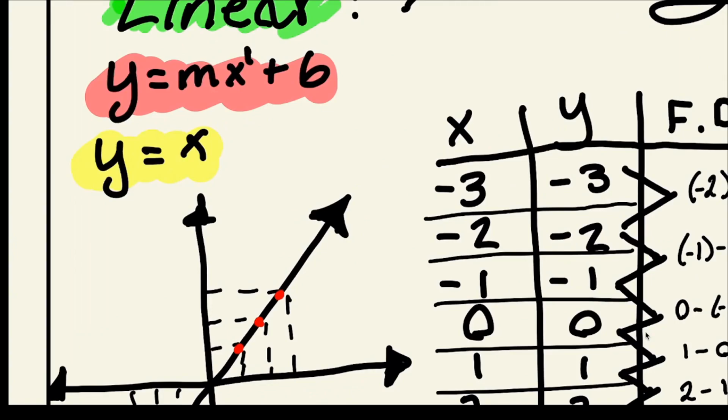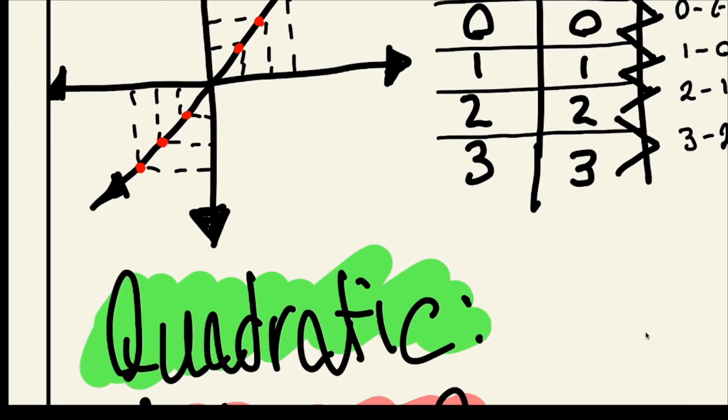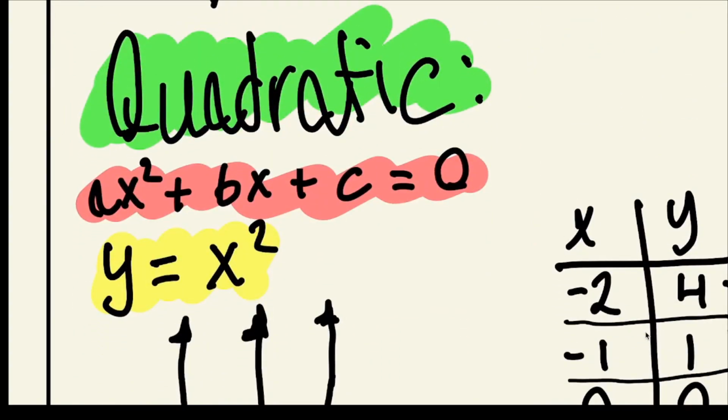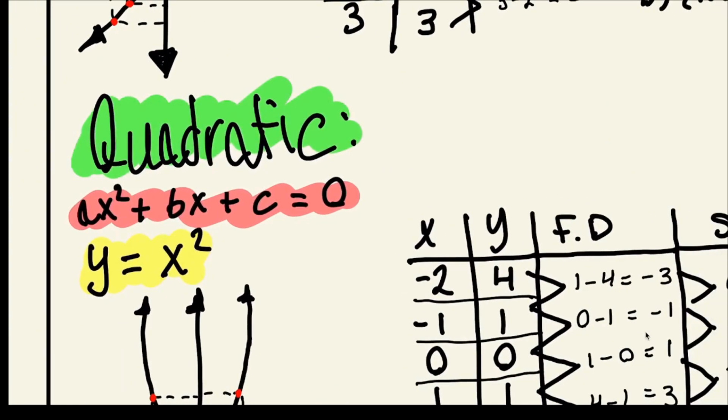But now we'll be doing more things with equations that have the degree of 2, the power of 2, and that is a quadratic. As you know, the skeleton formula for a linear equation is y equals mx plus b.